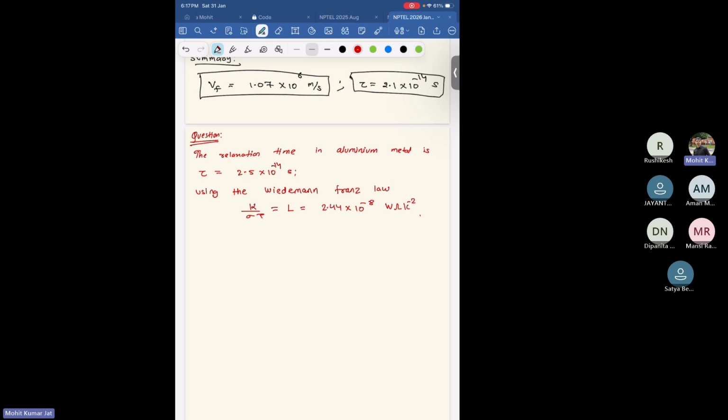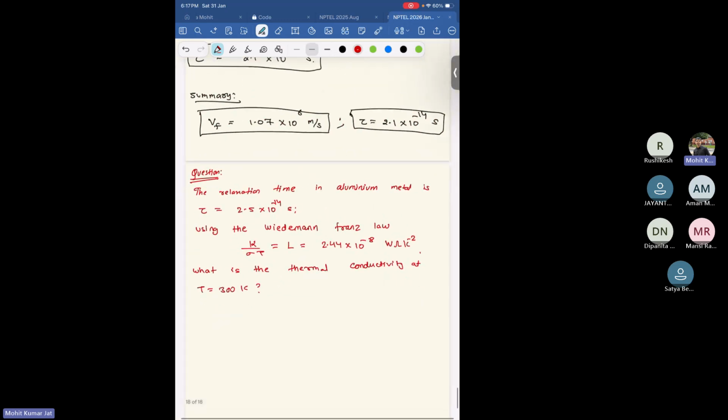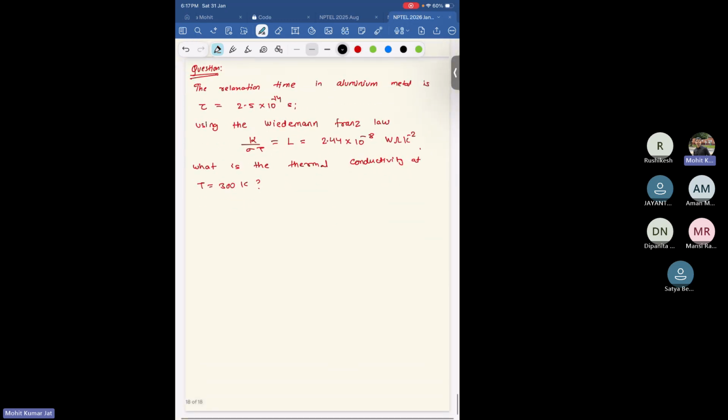So now the question asks, what is the thermal conductivity at T equals 300 Kelvin? So it is asking for the thermal conductivity K. This equation is given, let's call this equation 1.